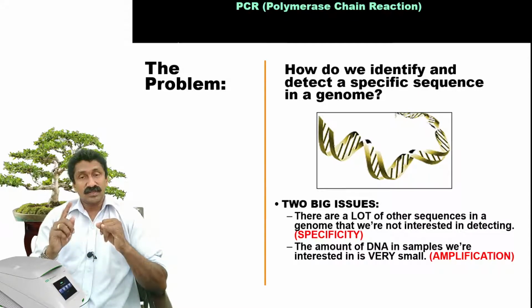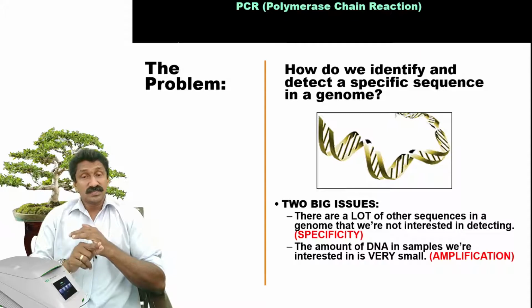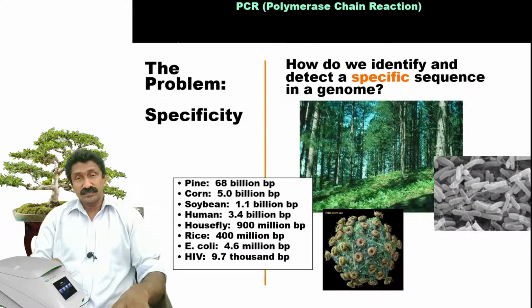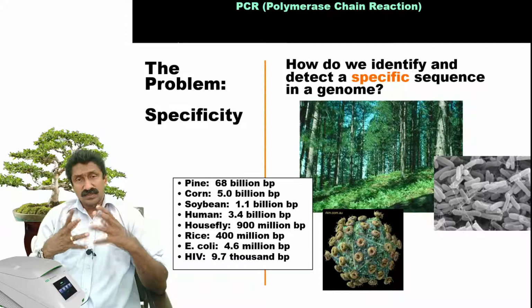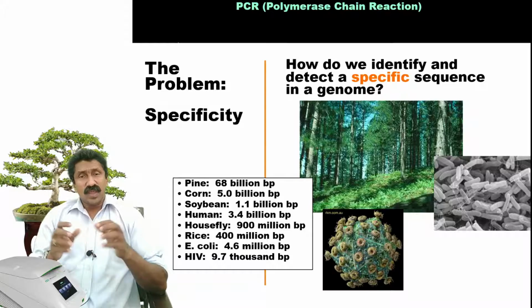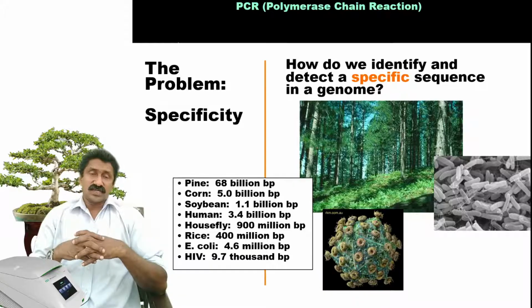So you have some problems with the specificity, and you also require amplification of the target sequence. So when we come to the specificity, how do we identify and detect the specific sequence in the genome?